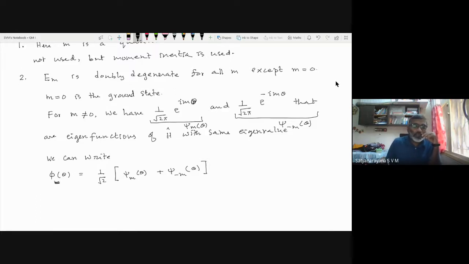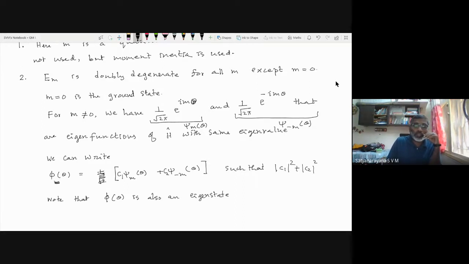Note that phi of theta is also an eigenstate. In fact, I don't have to put 1 by root 2 here. I could simply put some C1 here and some C2 here, such that mod C1 squared plus mod C2 squared is equal to 1.